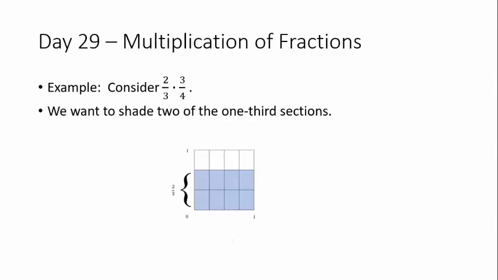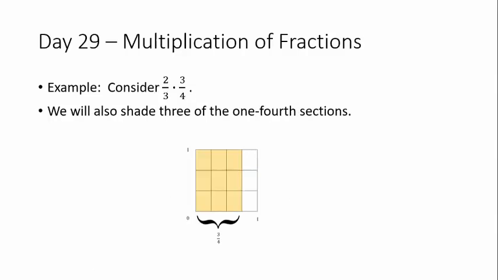I'm going back to the 2/3 now. I divided the vertical side by 3, so I have the 3 equal strips, and because I have 2/3, I'm selecting 2 of the 3 strips. I've colored them blue here in the diagram. The second fraction is 3/4.